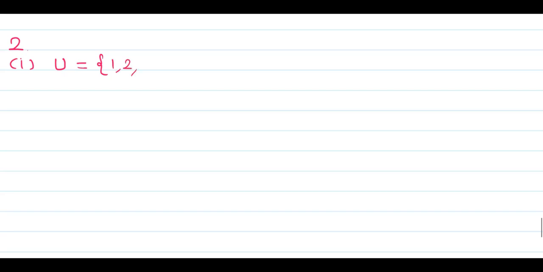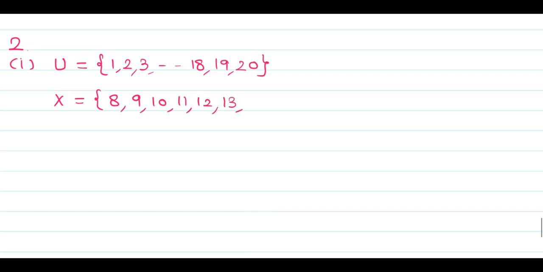The first is U. The numbers are 1 to 20. U is equal to 1, 2, 3 up to 20. X is equal to the numbers that lie between 7 and 15. That is 8, 9, 10, 11, 12, 13, 14.